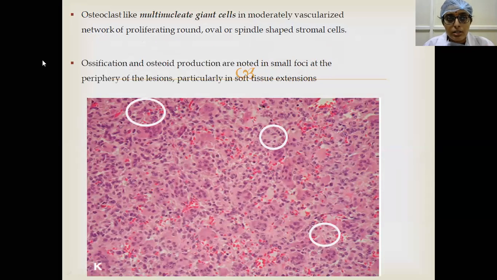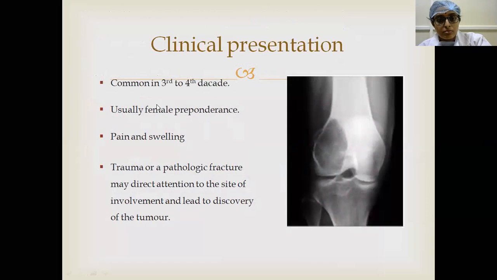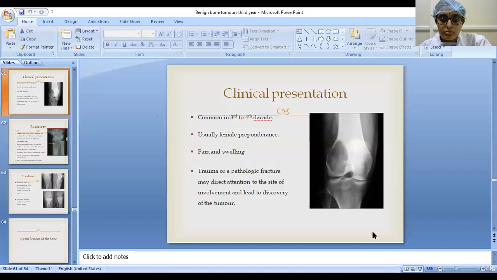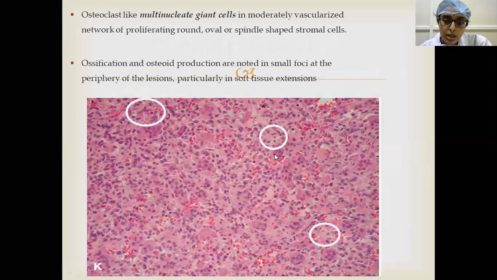And coming to the histological features, there are multinucleate giant cells. So these have moved out. I'm pointing it out with the cursor. Just below the circle, you can see that there is a multinucleate giant cell.